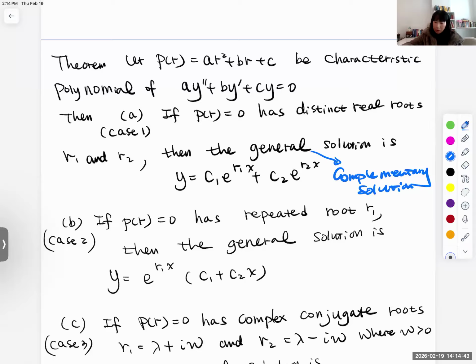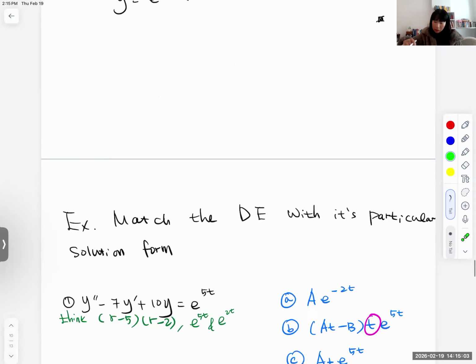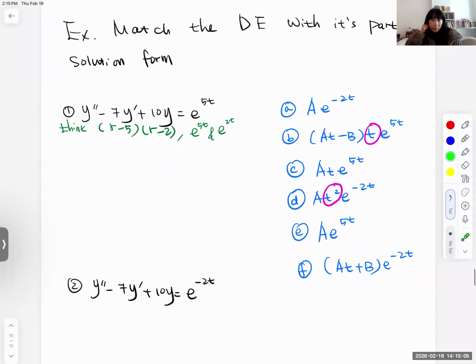We did that two distinct real roots, yeah. And then we did that in the last section, right? And we did that this one too, right? Yeah. Okay, why am I doing this one? Because we have the multiple choice. So all together, yeah.